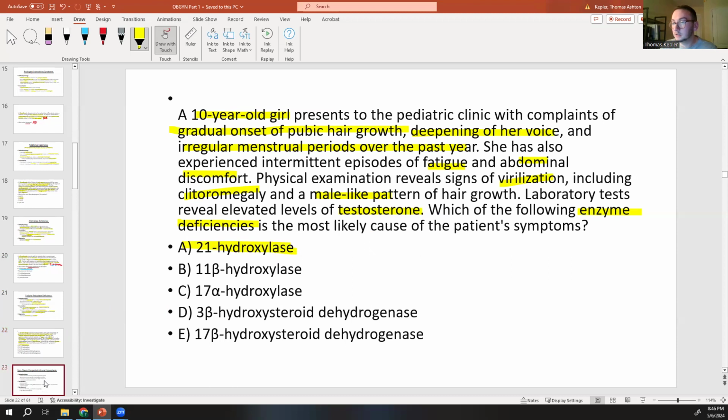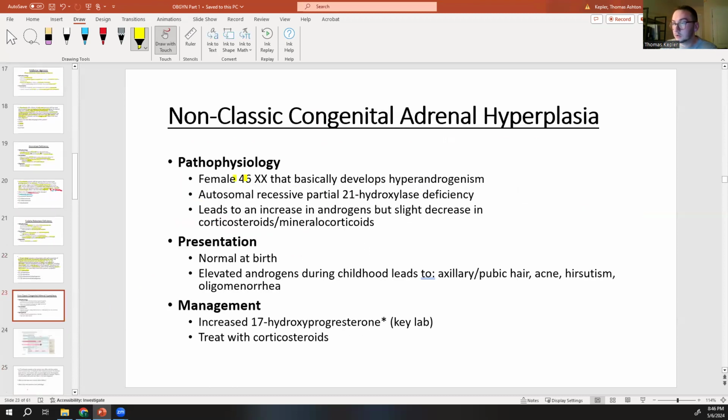Now, these are in females. They develop hyperandrogenism, and it's also autosomal recessive. Unfortunately, I don't have a great memory mnemonic because the other diseases there were no A's. There was no D for autosomal dominant. Here, congenital adrenal hyperplasia, I can't really fit it in.